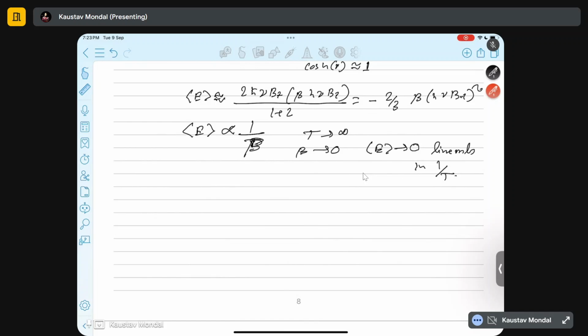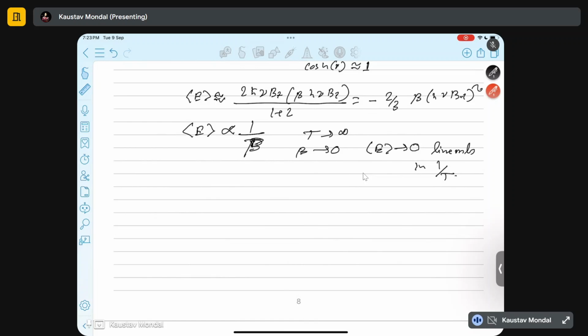So now we will briefly discuss the vibrational energy of the system. For vibrational, the energy scale is much lower compared to translational and rotational.